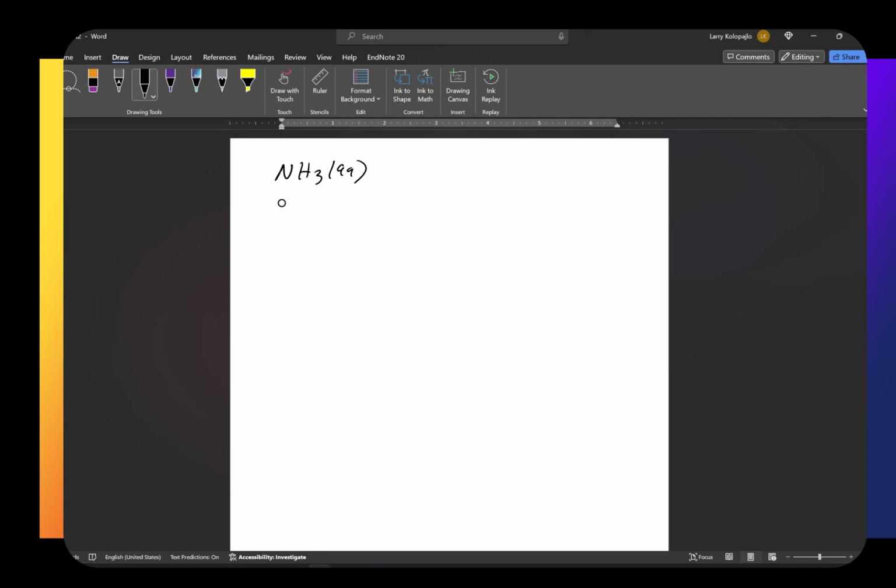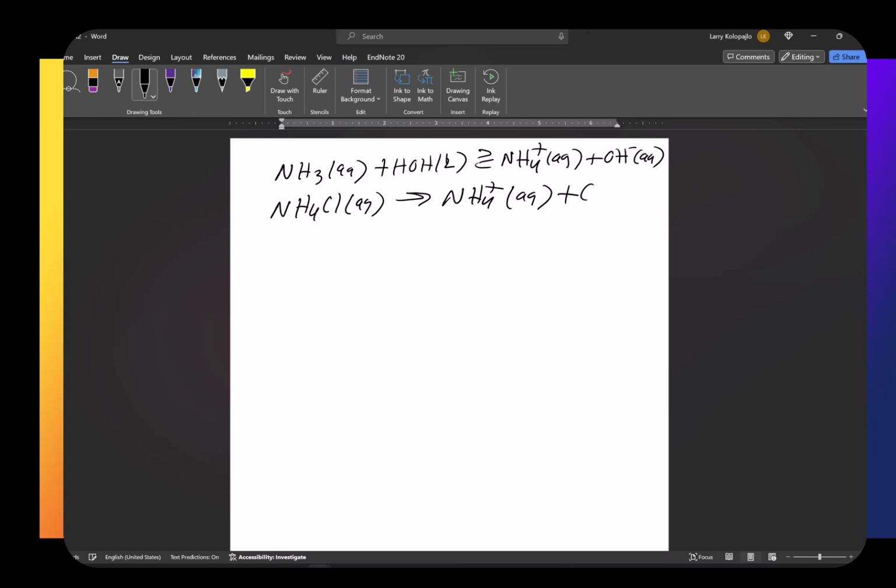But remember, since the ammonia doesn't contain hydroxide, you have to add water, mandatory, as a second reactant to form ammonium and hydroxide. So that's the weak base equation. The salt, ammonium chloride equation is going to be completion. Weak base is equilibrium. The salt is completion.